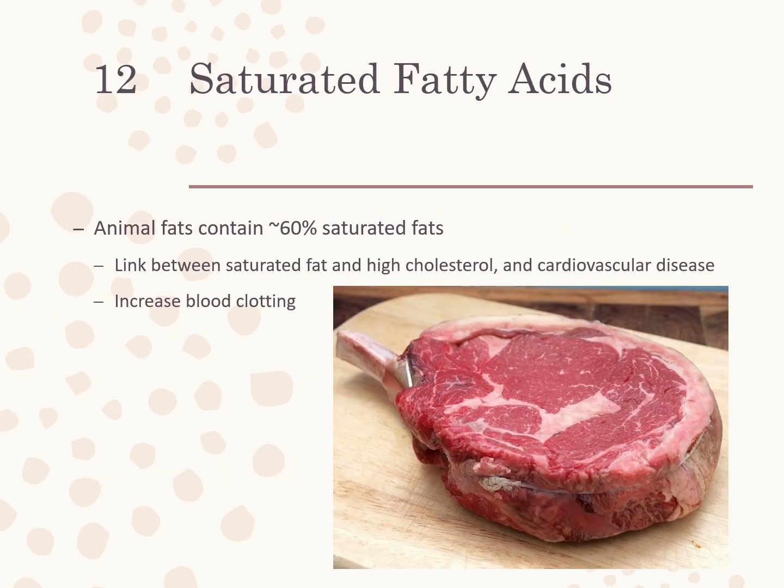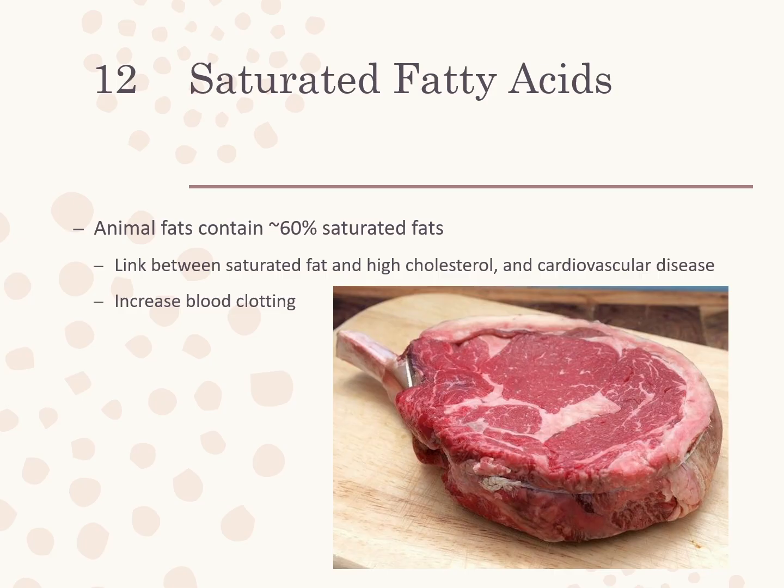When we talk about saturated fatty acids, animal fats contain about 60% saturated fats. The issue with consuming a lot of animal fats is that we know there's a link between consuming a lot of saturated fat and high cholesterol and cardiovascular disease.